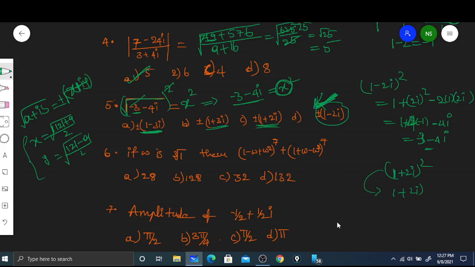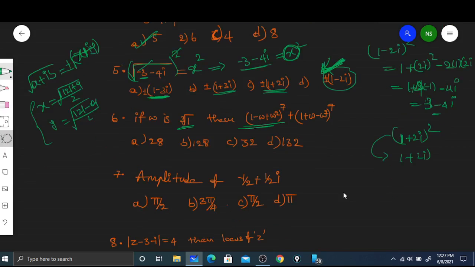Now here, if omega is the cube root of 1, how can we simplify this? That is very important. It is buffering. Let me delete this.